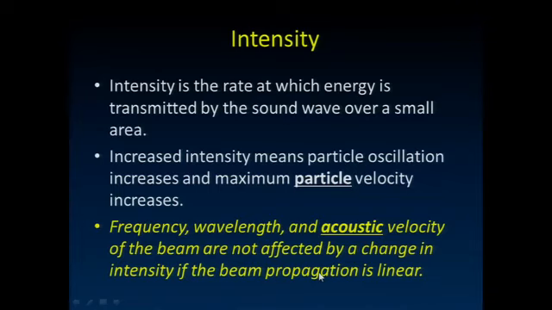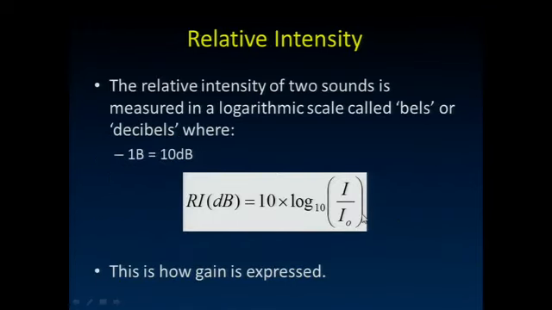So intensity is really independent of those if propagation is linear. It turns out propagation being linear is a decent approximation in soft tissues, not quite true. So we really can view these as kind of being independent of each other. So we can vary our frequency and the intensity of that beam independently of each other.